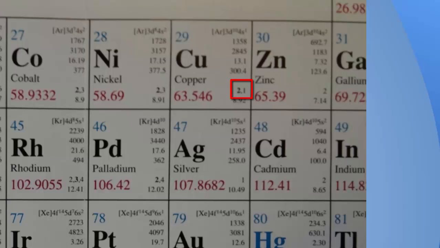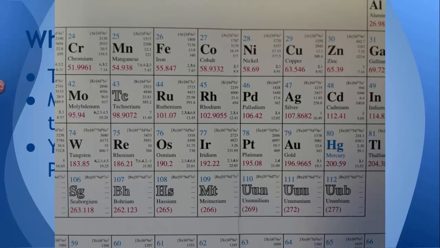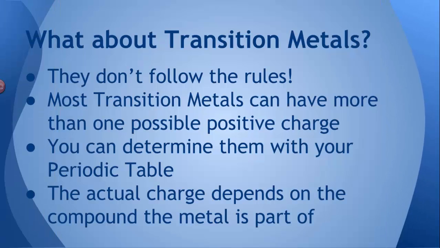Copper has 2 and 1, and the 2 is in bold print. That means that copper with a +2 charge is more common than copper with a +1 charge. So you can look at your periodic table and figure out the different possible positive charges that the transition metals can have. Which one it forms depends on what it forms a compound with.